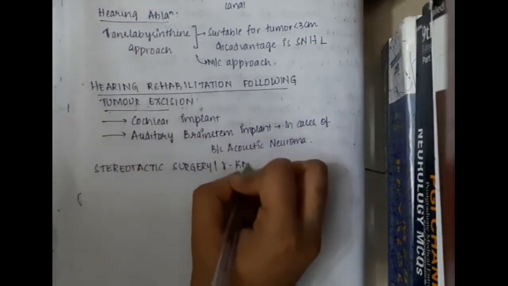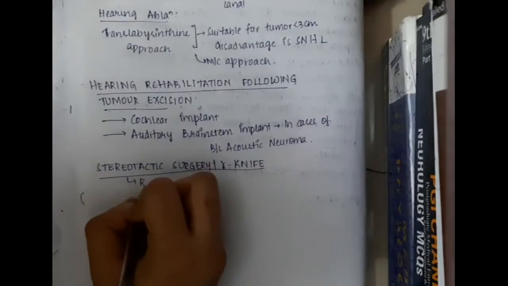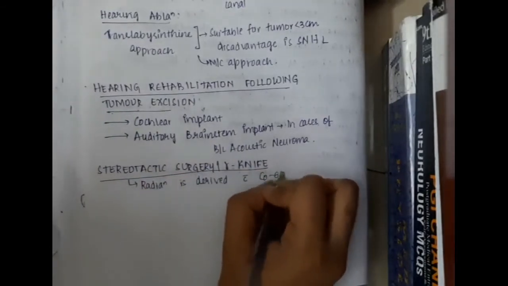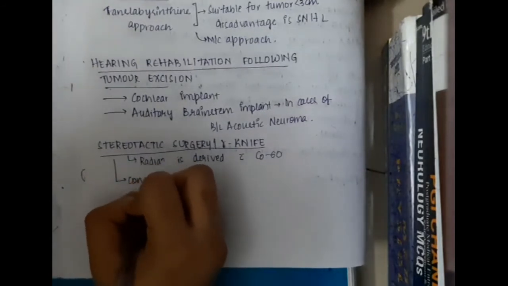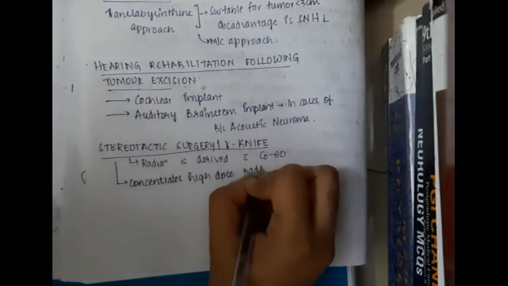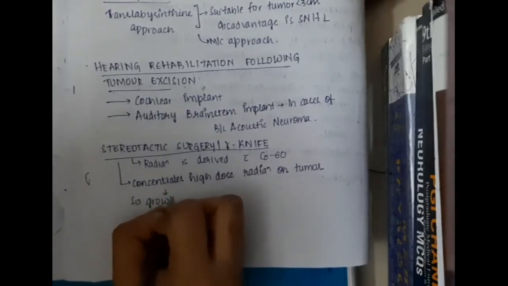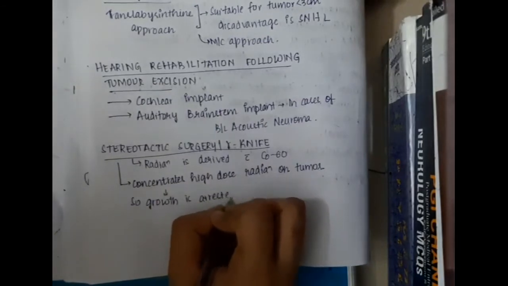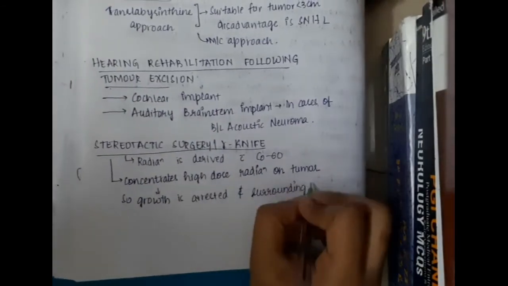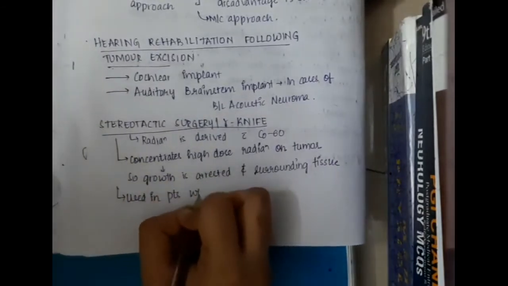Then we have stereotactic surgery or gamma knife surgery. In this, radiation is delivered with cobalt-60, and it concentrates a high dose of radiation on the tumor, so growth is arrested without affecting surrounding tissues.